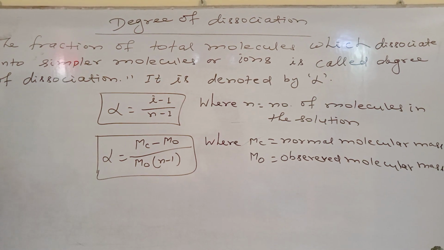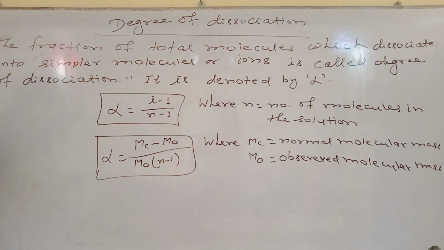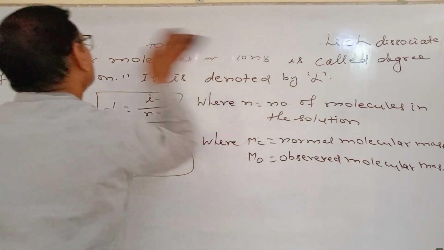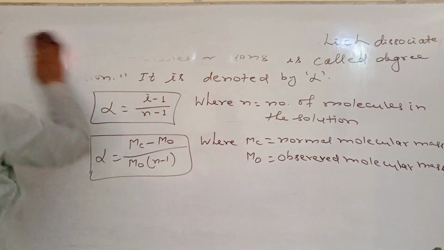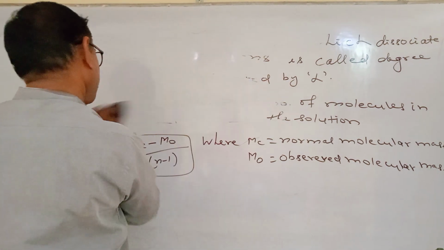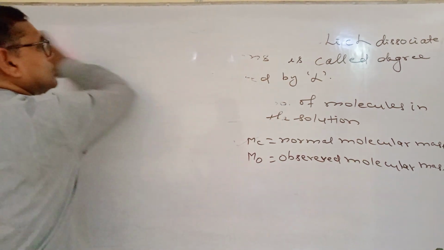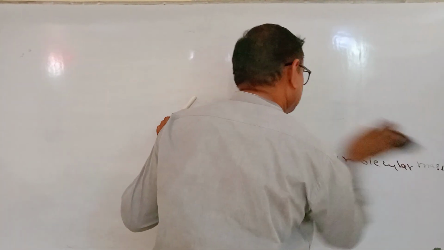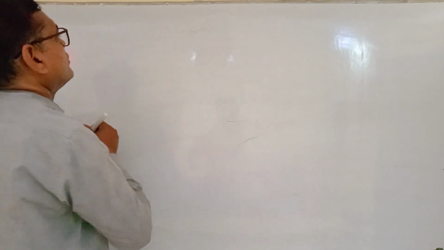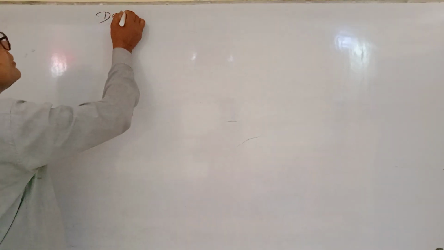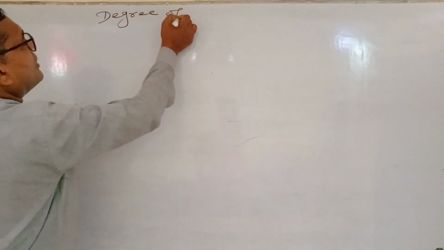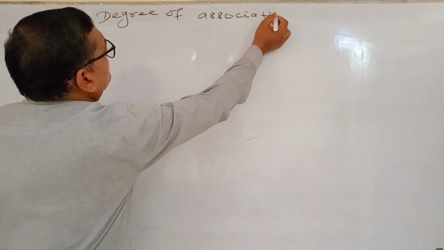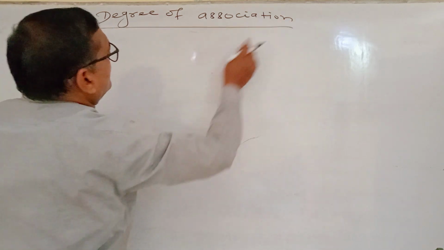Now a small topic: degree of association. It is the last topic.